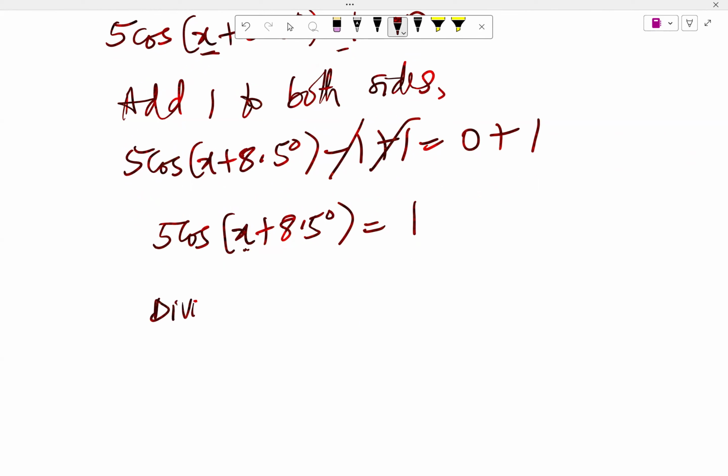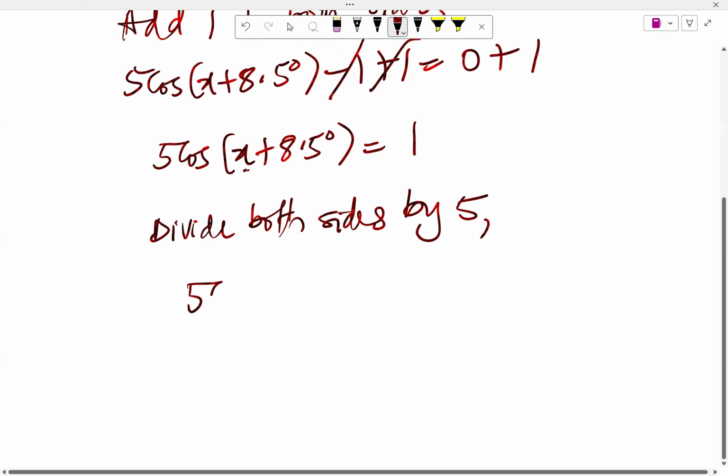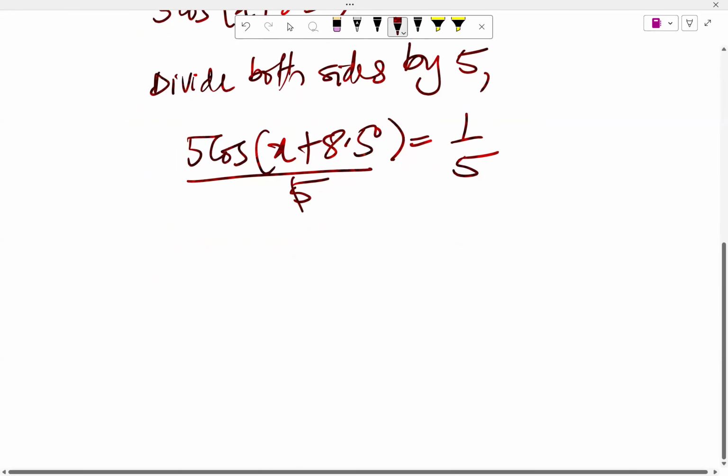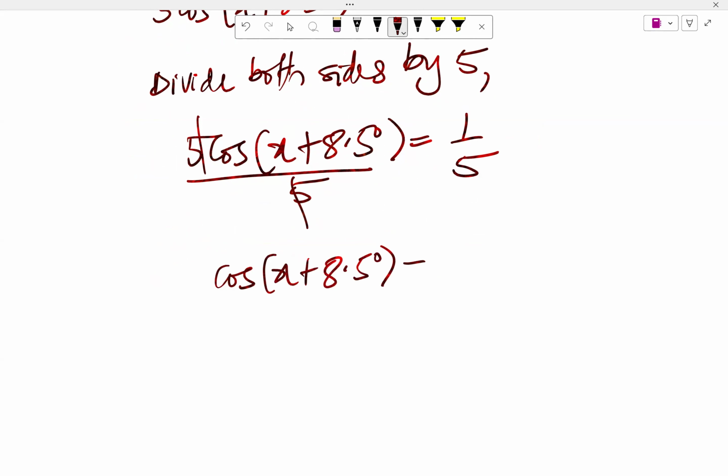So we have cos(x + 8.5 degrees) equals 1 over 5, the 5s cancel, and 1 over 5 is 0.2.